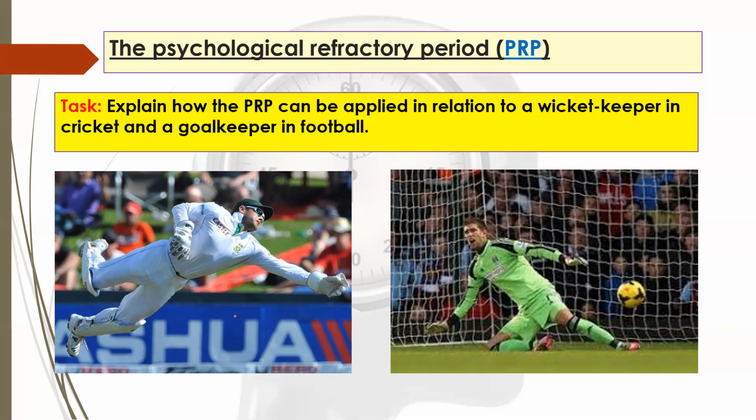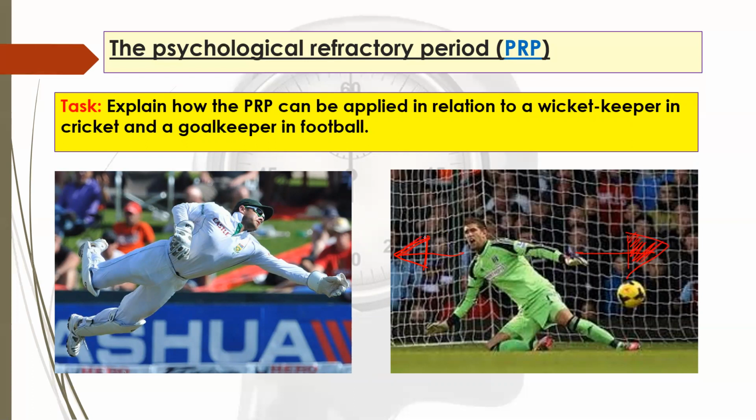When might that occur in terms of a cricket wicketkeeper, and when might that occur in terms of a goalkeeper in football? So that delay in process where they think, I'm going to go this way because this way is where the ball's going. Oh no, the ball's gone that way.